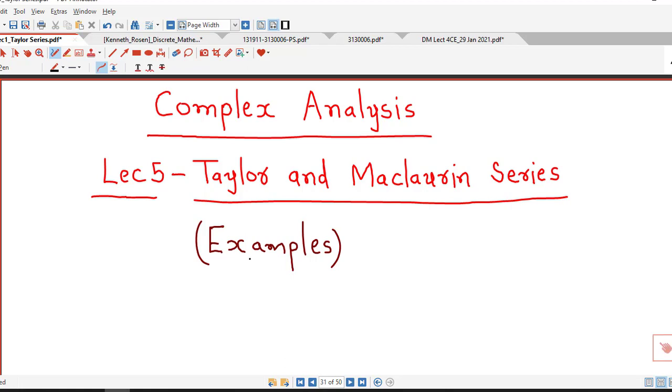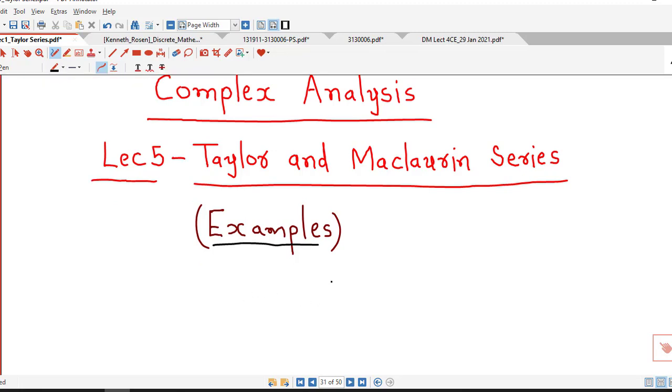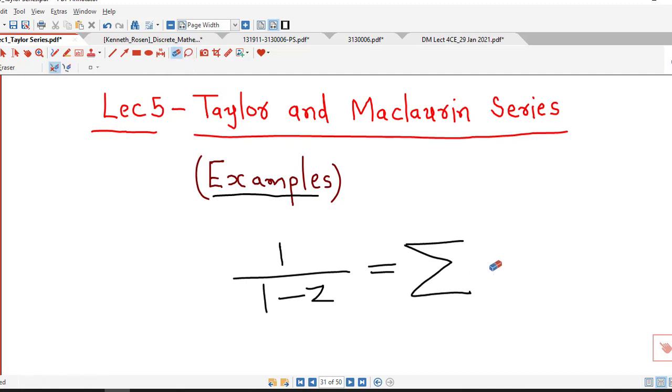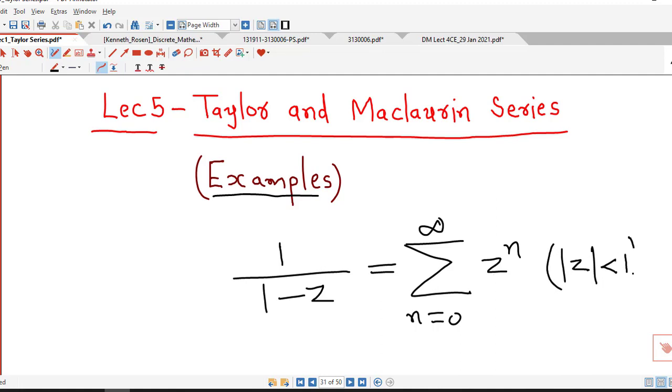In this lecture we will do some more examples on how to determine Taylor and Maclaurin series using standard Maclaurin series. So we just recall, we know that the Maclaurin series expansion of this function is given by this geometric series, sigma z to the power n, n from 0 to infinity, and the radius of convergence of this Maclaurin series is absolute value of z less than 1.